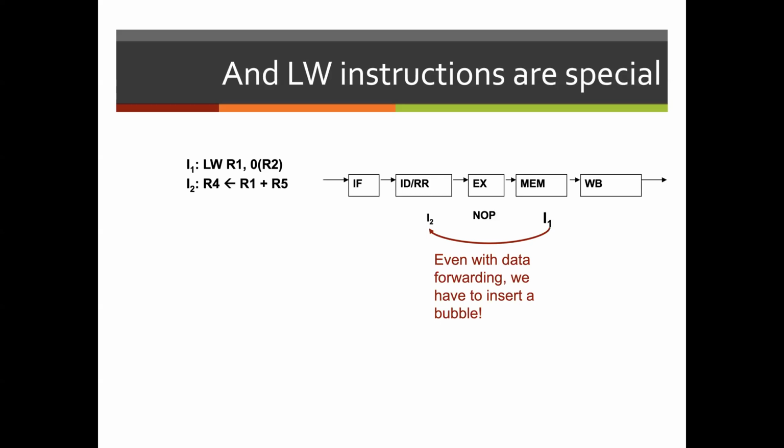And so let's consider if we're going to need to load a word. And so a load instruction is essentially a special case, in that even with the data forwarding, we have to insert a bubble. And so in this case, we have I2 immediately following I1.